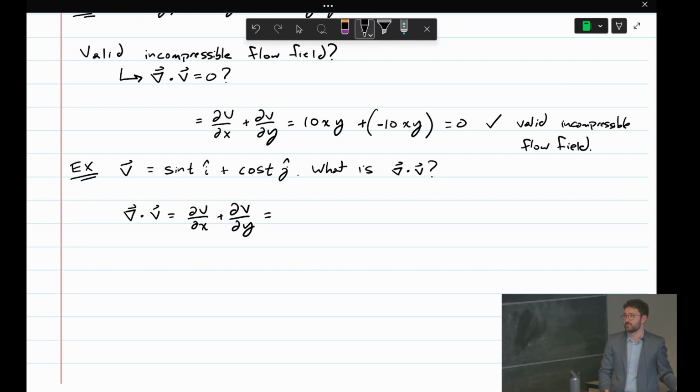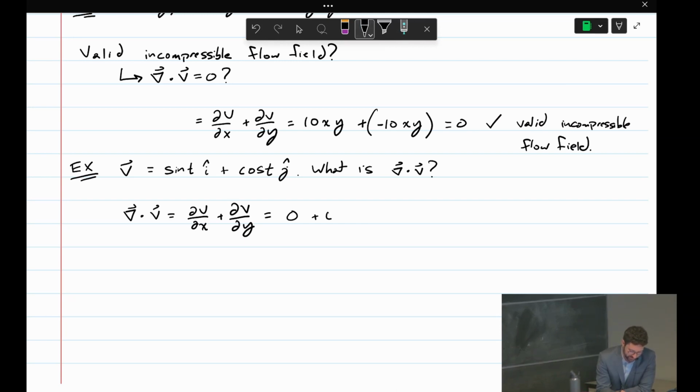So what is partial u partial x? What is the partial derivative of sine t with respect to x? Anyone wants to guess? 0. Yes, it's 0 because there's no x dependence in here.